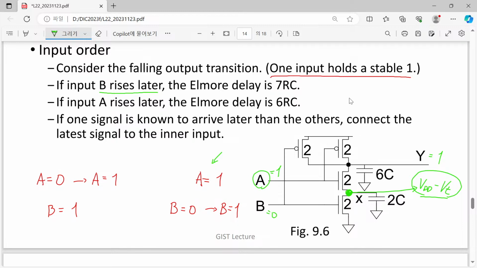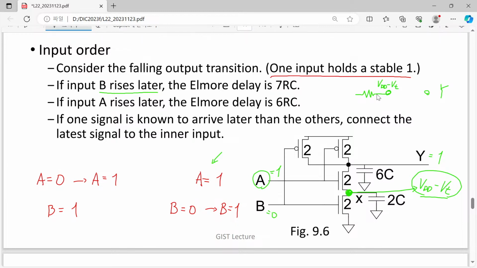From the viewpoint of this one, we can say that we have the Y port, and here we have another node biased in this way, and here we have R, and its R value can be regarded as just half of the standard R. Please note that this R is the equivalent resistance of a unit N MOSFET.